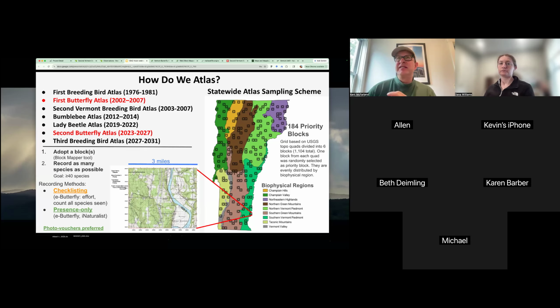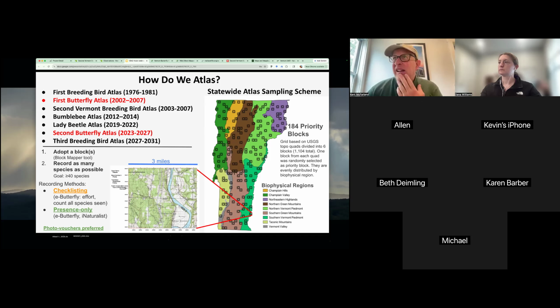And what it is, the sampling scheme, is the entire state is gridded into these blocks, but we can't do the entire state. There's thousands of these blocks. I think there's 1,100 some blocks. So back in 1976, they picked 184 priority blocks that turned out to be very nicely situated in the biophysical regions, evenly situated, thankfully, because the biophysical region idea came much later after 1976.